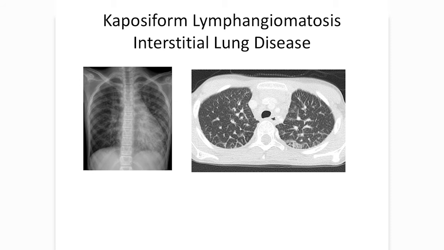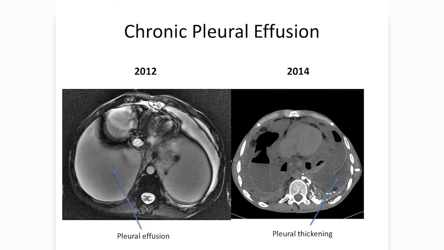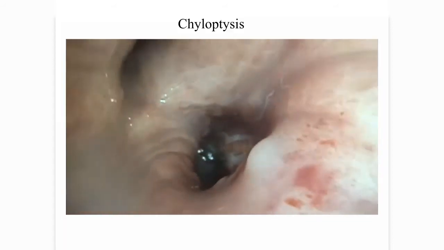You can see all the thickened lymphatic septa in the lung. This is a patient with chronic pleural effusion that has been standing from 2010 to 2014 and resulted in significant deterioration of pulmonary function.